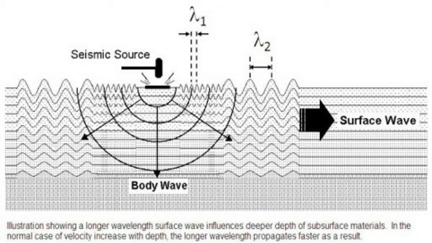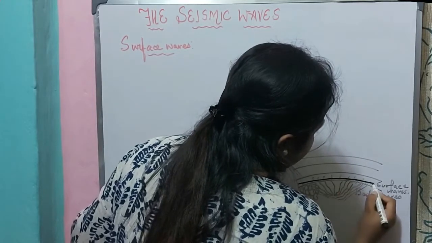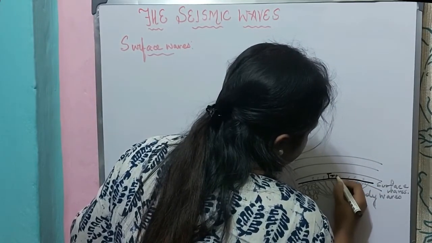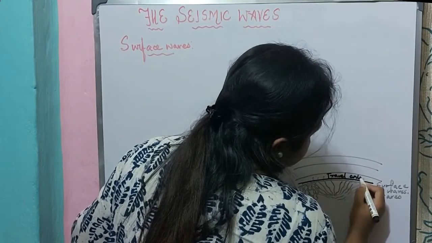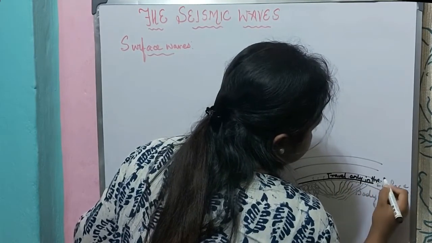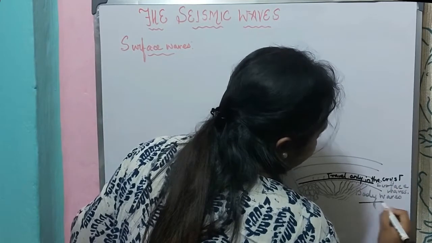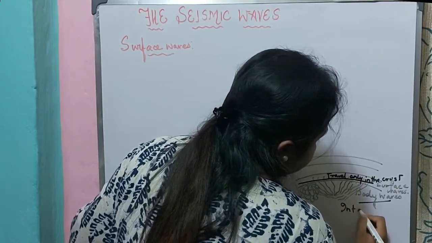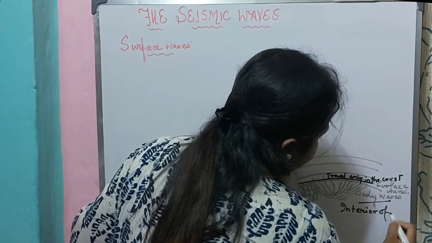The surface waves only travel in the crust, and the body waves travel in the interior of the Earth.